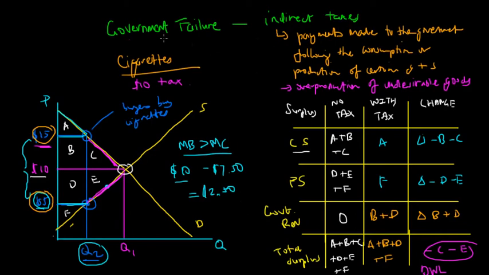This is another form of government failure. Even though the government aimed to increase the material or non-material living standards of the people by reducing the overproduction of undesirable goods, they have caused an inefficiency in the market by creating a dead weight loss of negative C minus E.